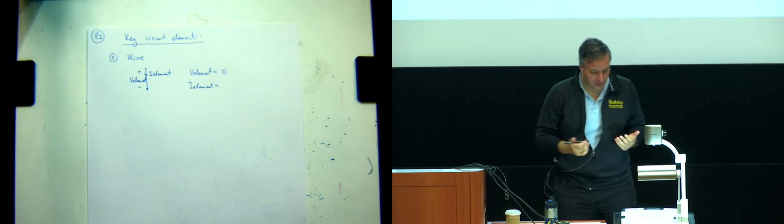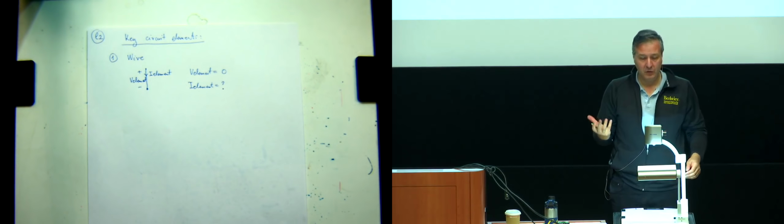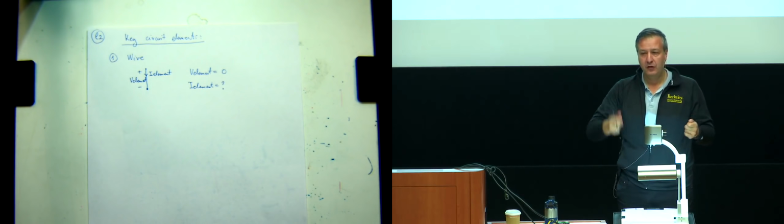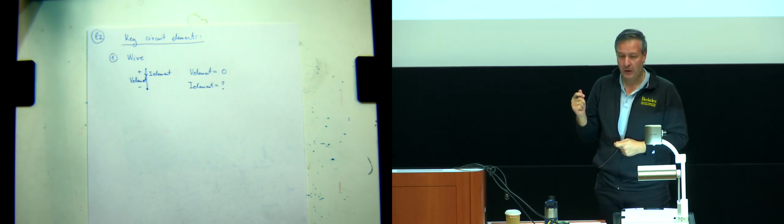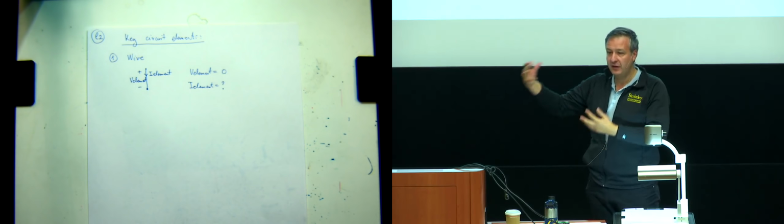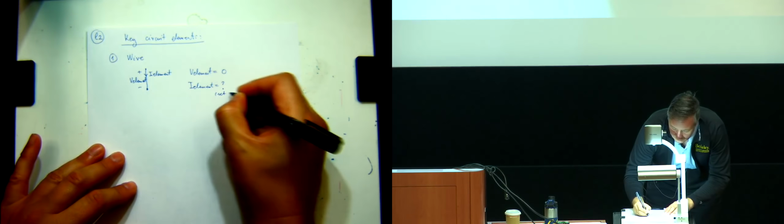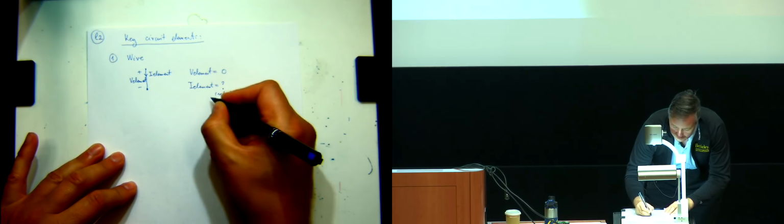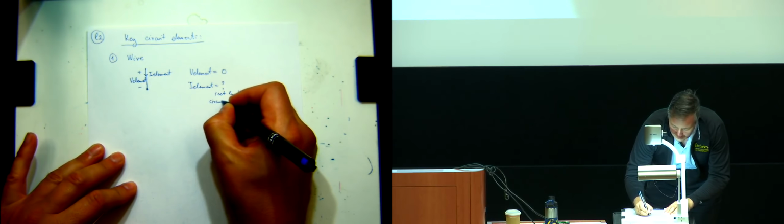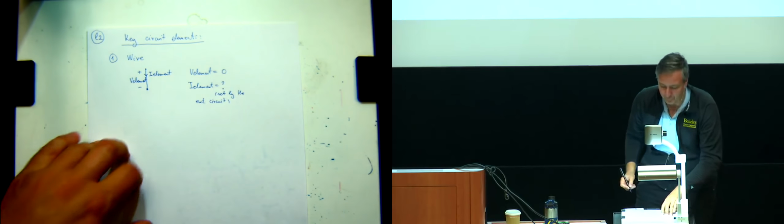In other words, it can be whatever. The current through this element can be whatever. The voltage will still be 0. But the actual value of the current is set by whatever circuit this wire is connected to. Right? So this is set by the external circuit.